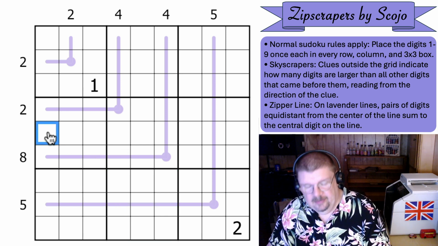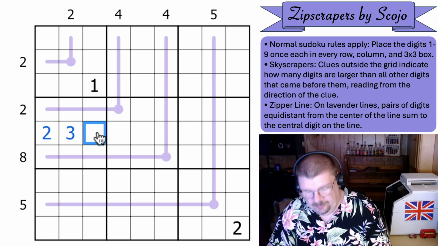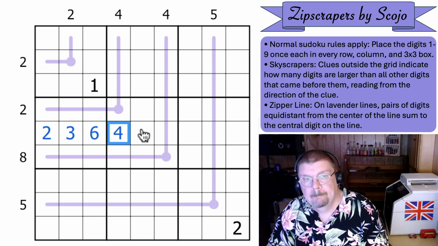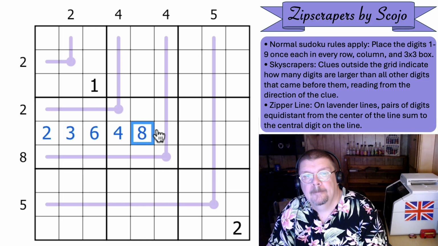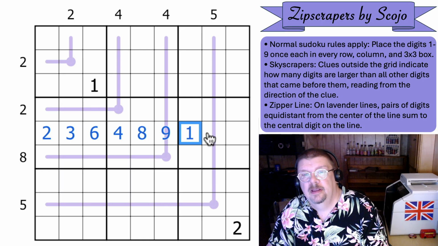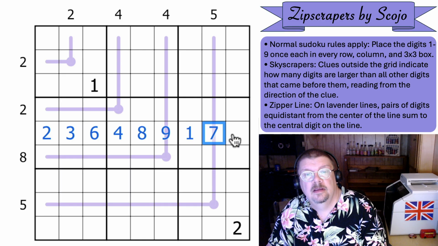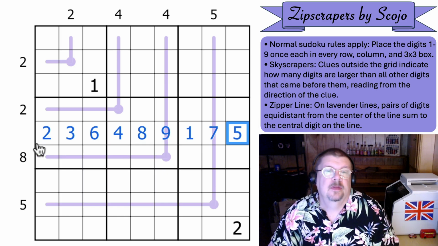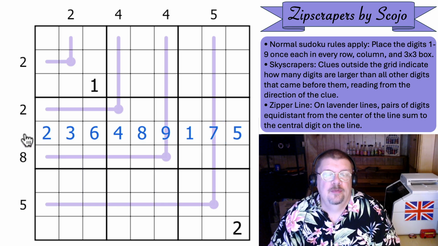So I'm going to put in some digits along here. What are we missing there? And here we go. Supposing there were a clue here, then that's looking to the right.